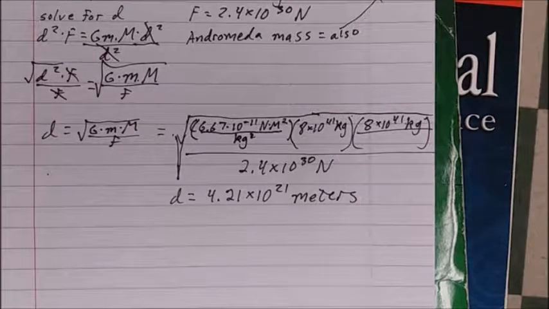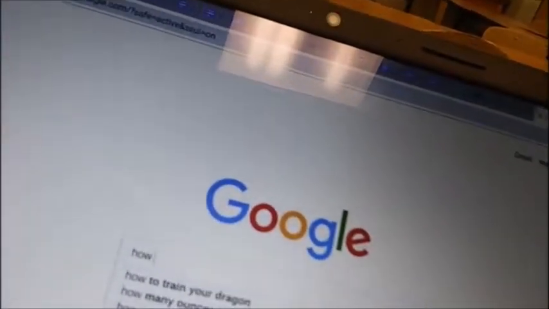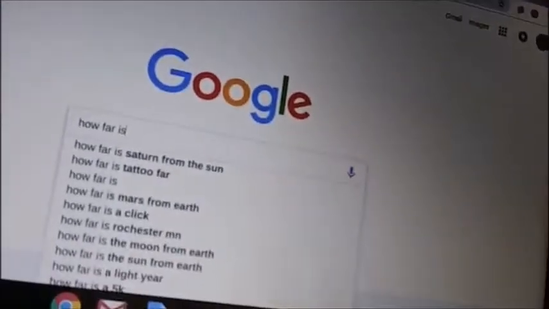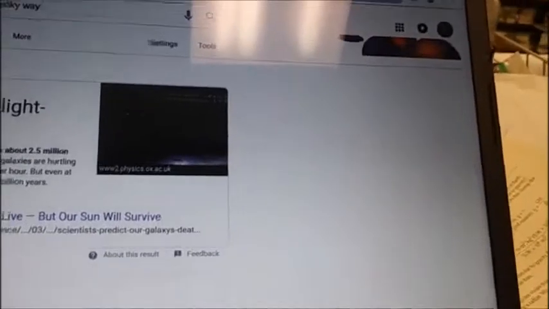Just to see if that is the right answer, let's see how Google compares to what we got. I'm going to go ahead and Google how far is Andromeda from the Milky Way. 2.5 million light years.